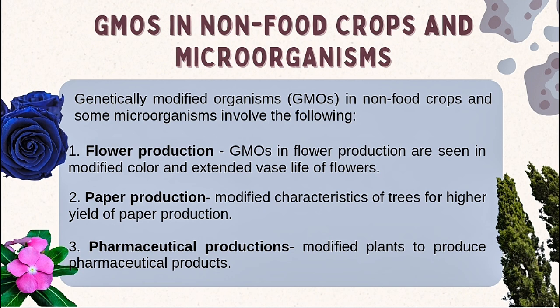Number two, paper production. GMOs are used to improve the quality of trees used for making paper. For example, poplar trees. Normally, wood contains a tough chemical called lignin, which makes trees strong but difficult to process when making paper.